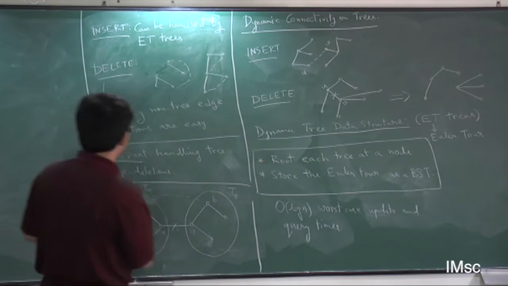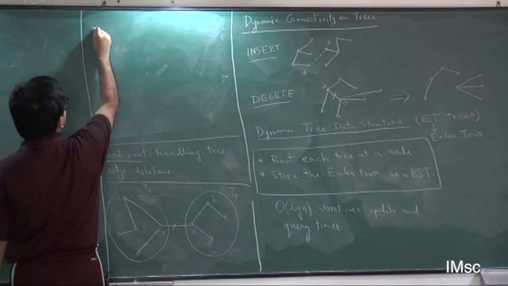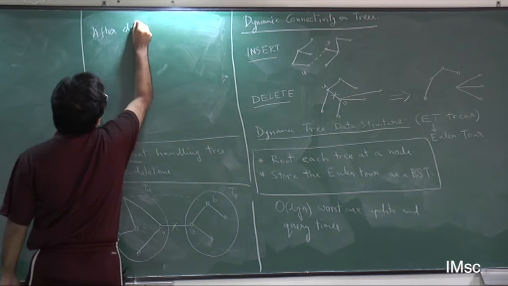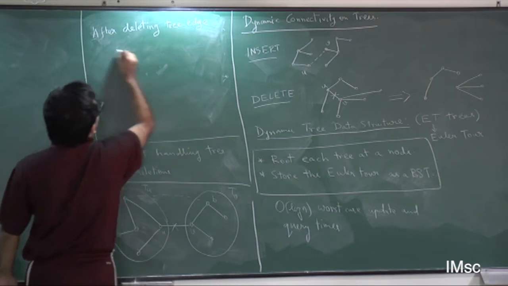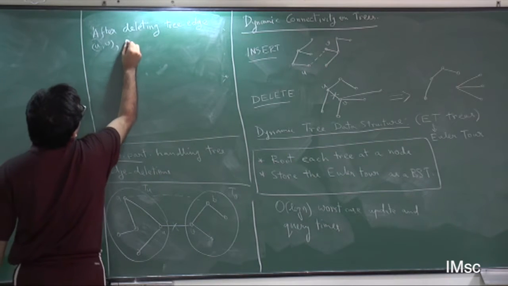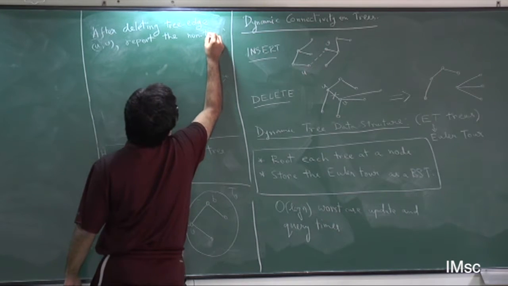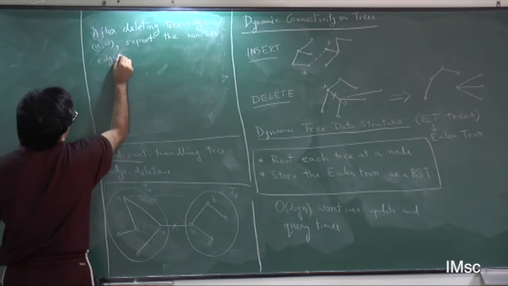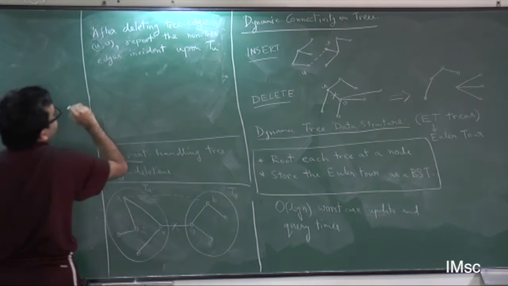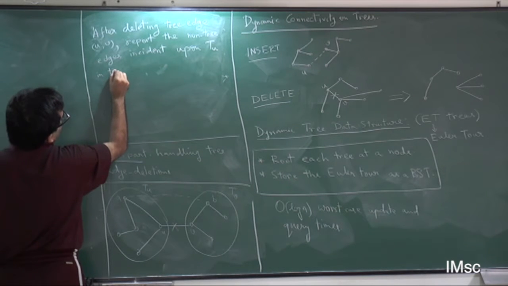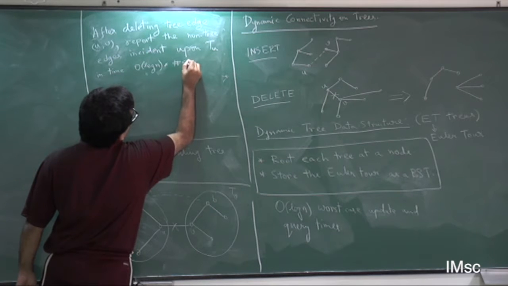Let me just write it down here: after deleting tree edge (U, V), report the non-tree edges incident upon TU in time, say, order log n per number of such edges.